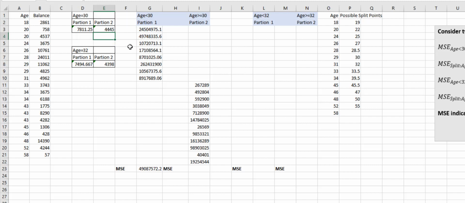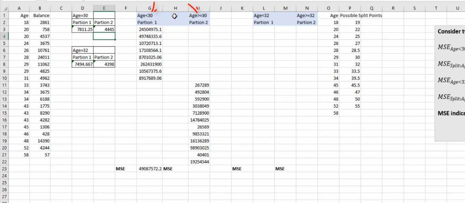This suggests that if we create a regression tree with one decision node that splits age at the value of 30, all potential customers younger than 30 years will have a predicted balance of $7,811.25, whereas all customers 30 years or older will have a predicted balance of $4,445.